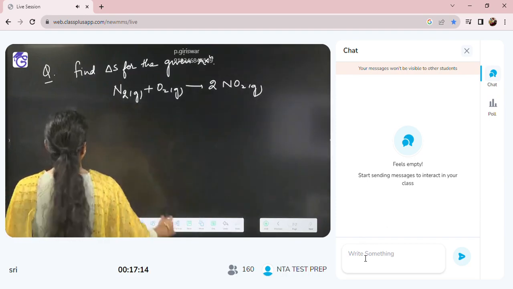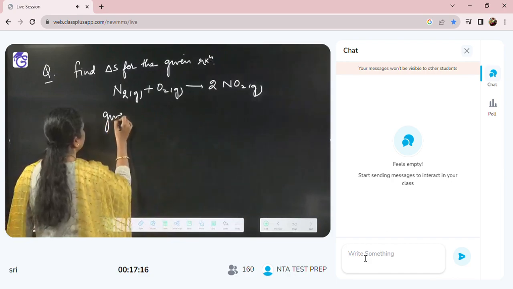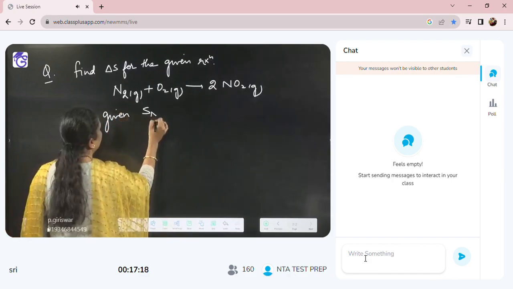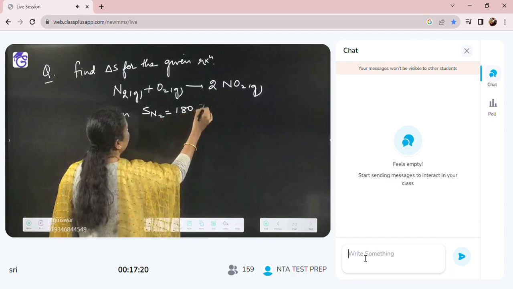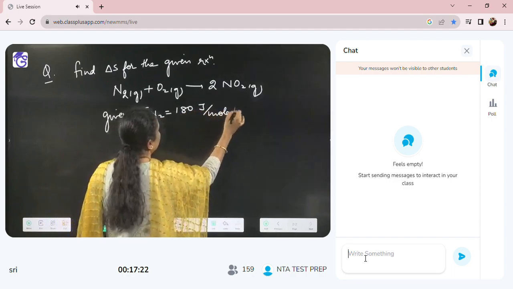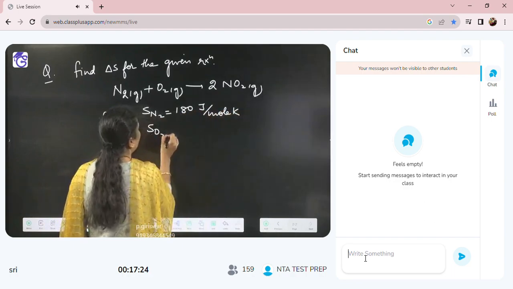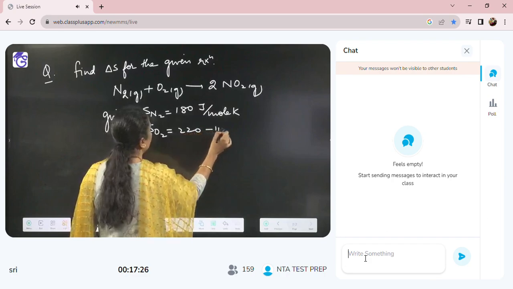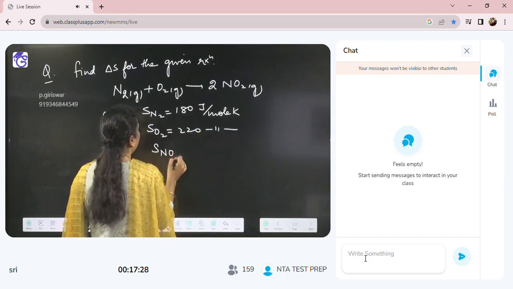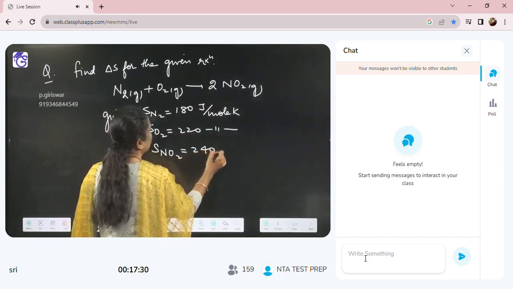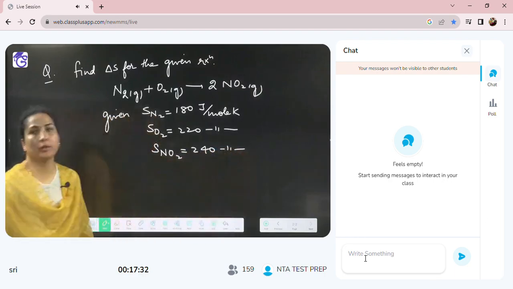I am writing down the question here. Given entropy of N2 is 180 joule per mole Kelvin, entropy of O2 is 220 joule per mole Kelvin, entropy of NO2 is 240 joule per mole Kelvin. Find it out, everyone.